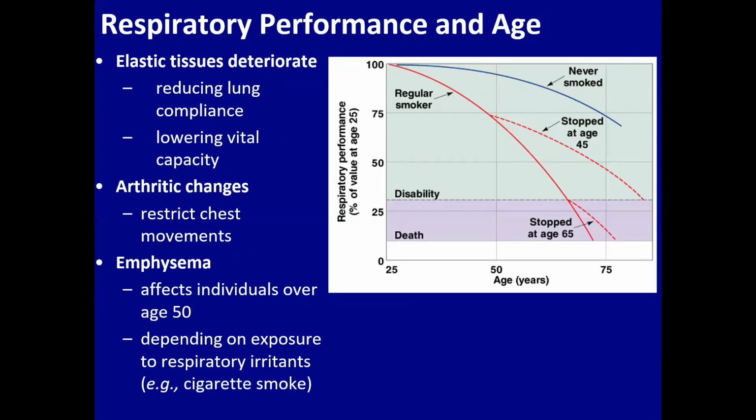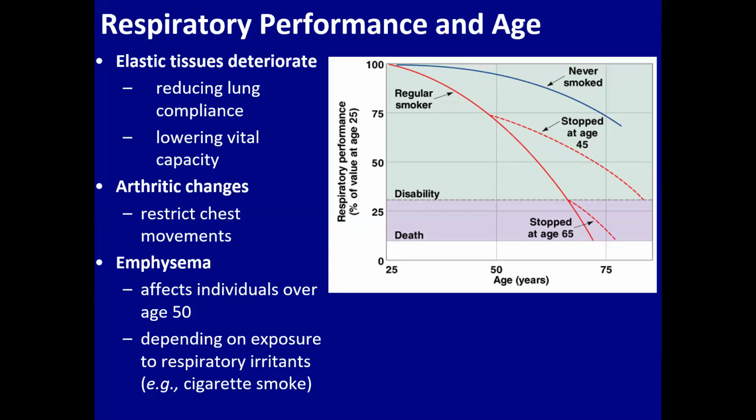And your vital capacity, the amount of air that you can manage at any one time, is going to deteriorate as well. There's also something that you may not have thought about. You have joints, and arthritis can affect those joints, and those restrict your chest movements, and so your ribs don't like to move the same way. And so you don't have that great expansion that you had when you were a younger person.